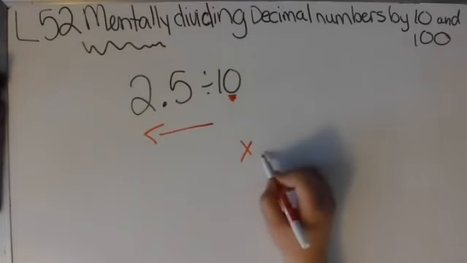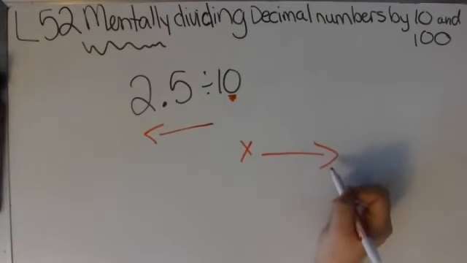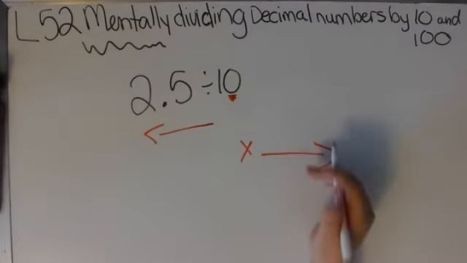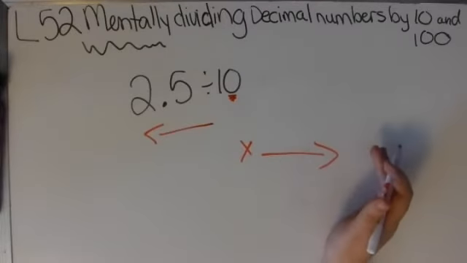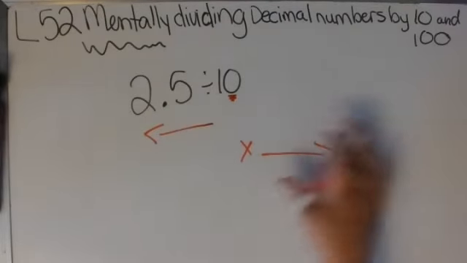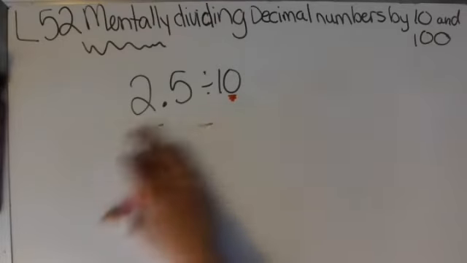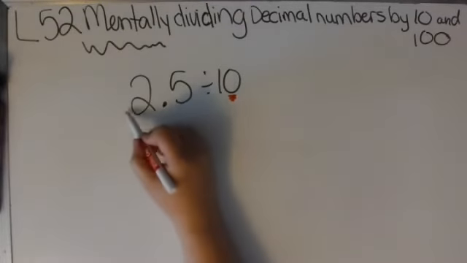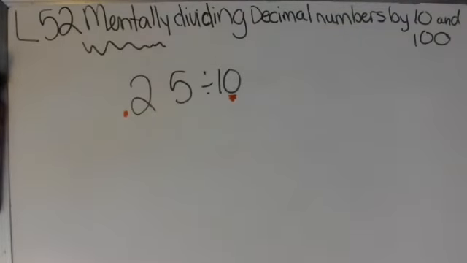If you multiply, you move it to the right because you are making the number bigger. Multiplying makes it bigger, dividing makes it smaller. So because I am dividing by 10, I am moving the decimal place 1 point, and it's becoming 25 hundredths.